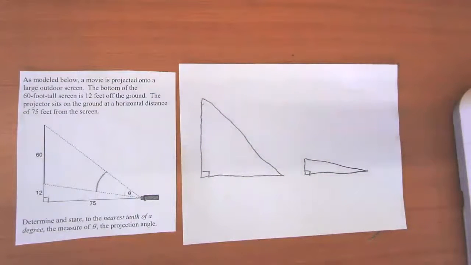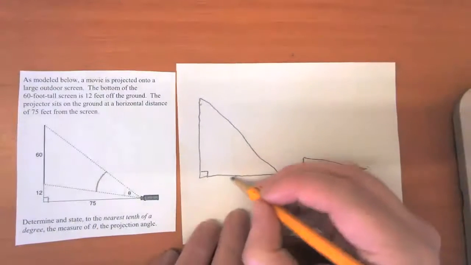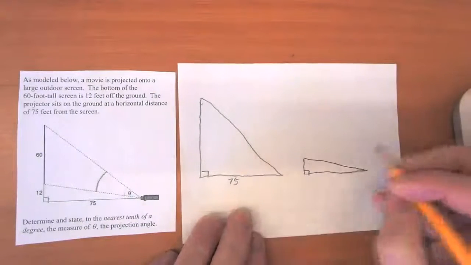And now if you haven't gotten this far in the problem before, I want you to see which numbers you can put into these two triangles based on the numbers that are in this diagram over here, and see if that can help you solve the problem that they're asking. Well, the base of these two triangles is equal to 75, so that part is pretty easy.